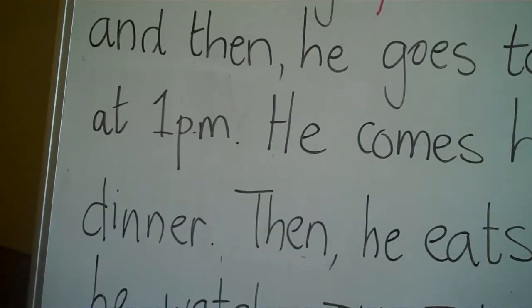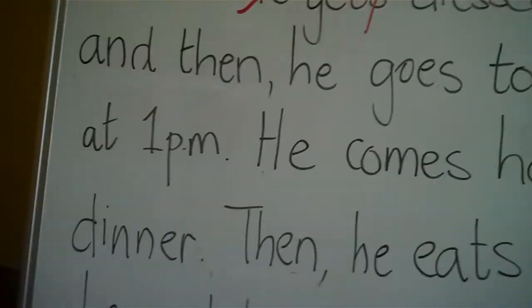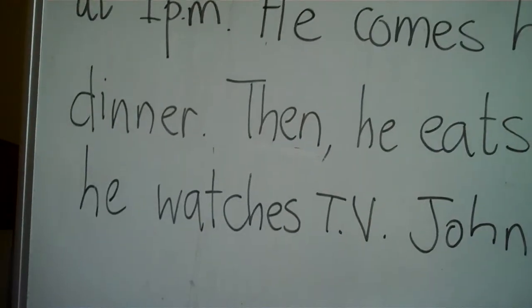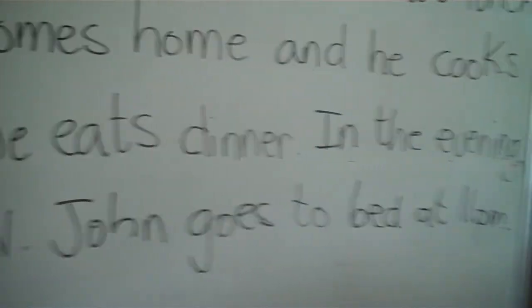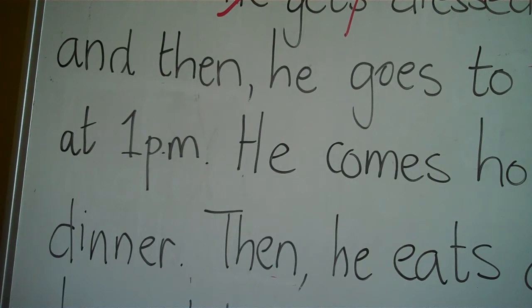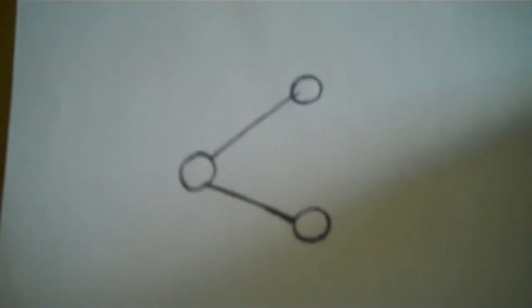Now what I want you to do is I want you to write your paragraph on a piece of paper, and then I want you to take a picture of your paragraph. Take a picture of the paragraph with your phone, and then you will see this at the bottom of your phone.